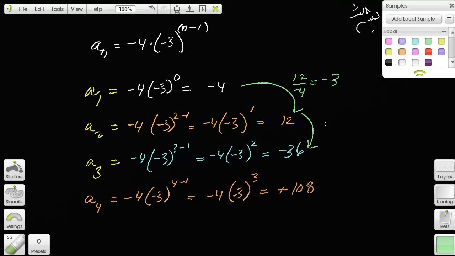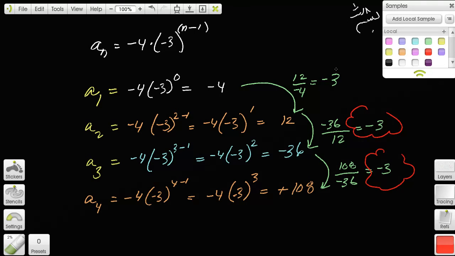And then from here to here, you would figure out the multiplier by 36 divided by 12, and that's negative 3. And then here to here, you would do 108 divided by negative 36, and that is negative 3. And then you will see the same multiplier, that is the common ratio. So the common ratio is negative 3. And so this is a geometric sequence.